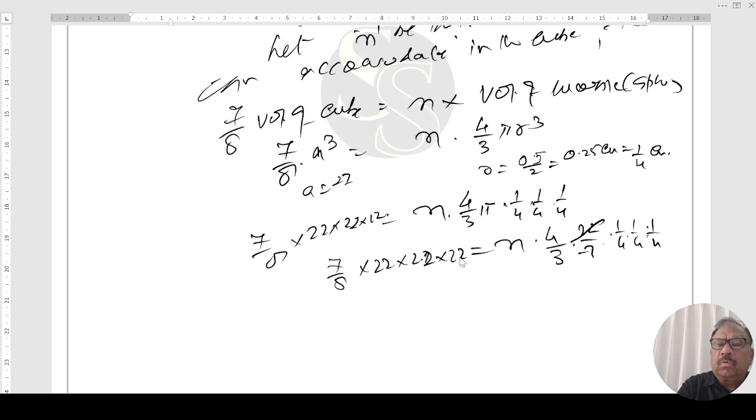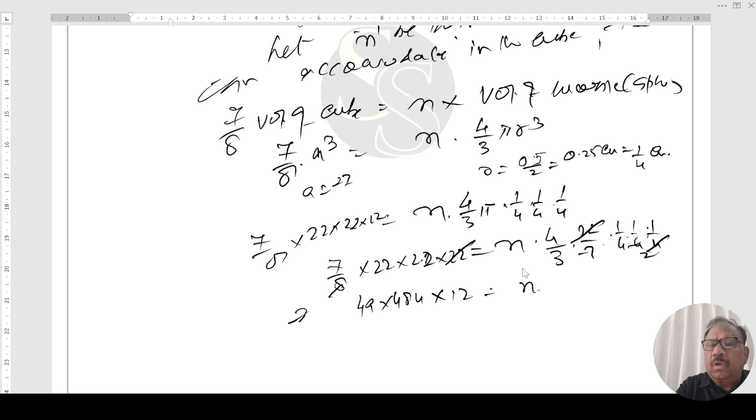This 22 goes. This will be 4, 2, 2, 8. Right? This comes out to 7 into 7, 49 into 484 into 7 to the 12 equal to, and this 4 also goes.